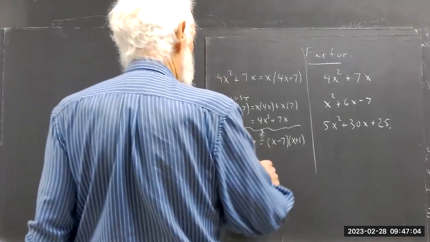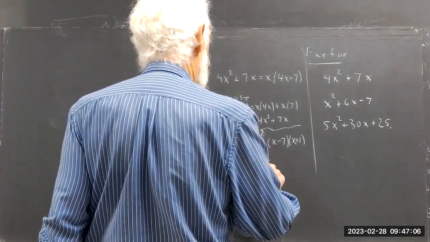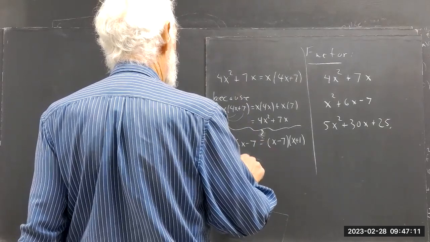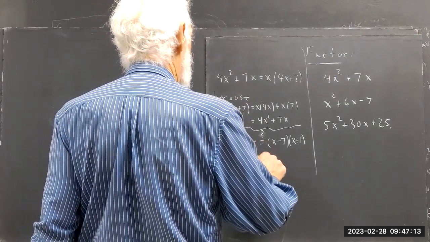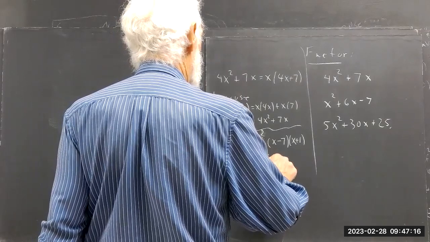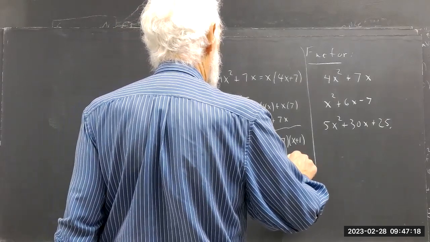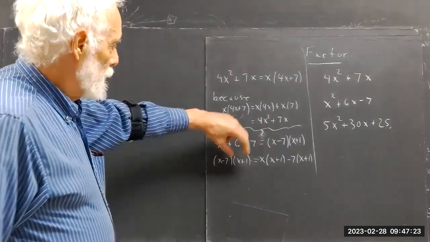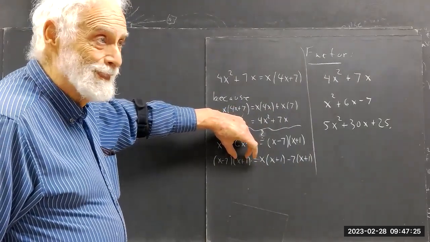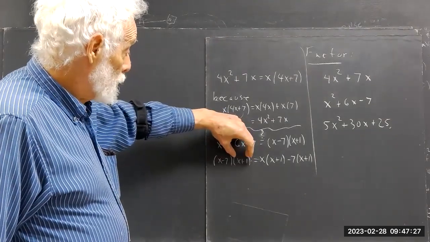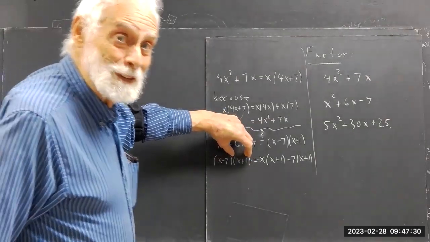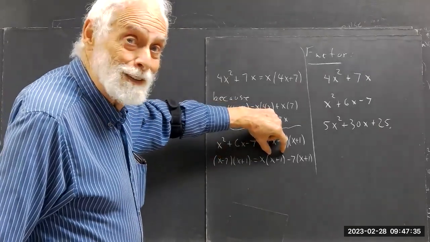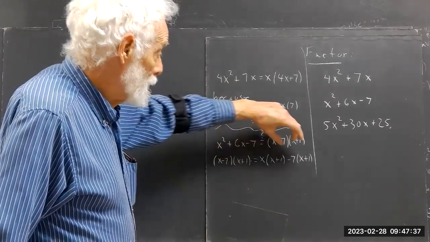Okay, well, x minus 7 times this aardvark here is x times the aardvark minus 7 times the aardvark. Okay, so you got x times the aardvark, right there's the aardvark, and minus 7 times that aardvark.